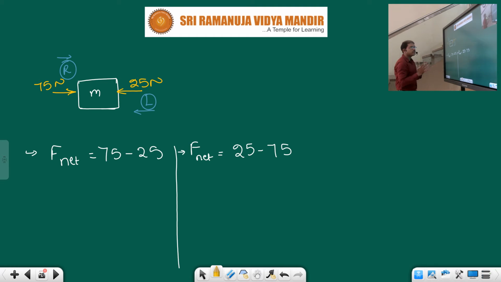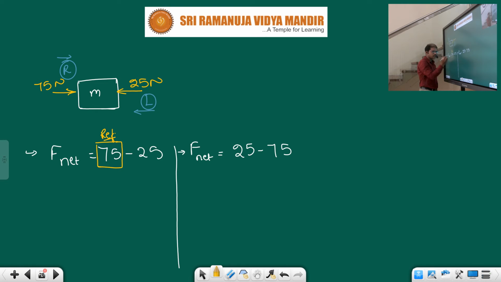Children, just keep in your mind, whenever you are doing 75 minus 25, you are considering 75 newtons as our reference direction, meaning the block is moving to the right side.